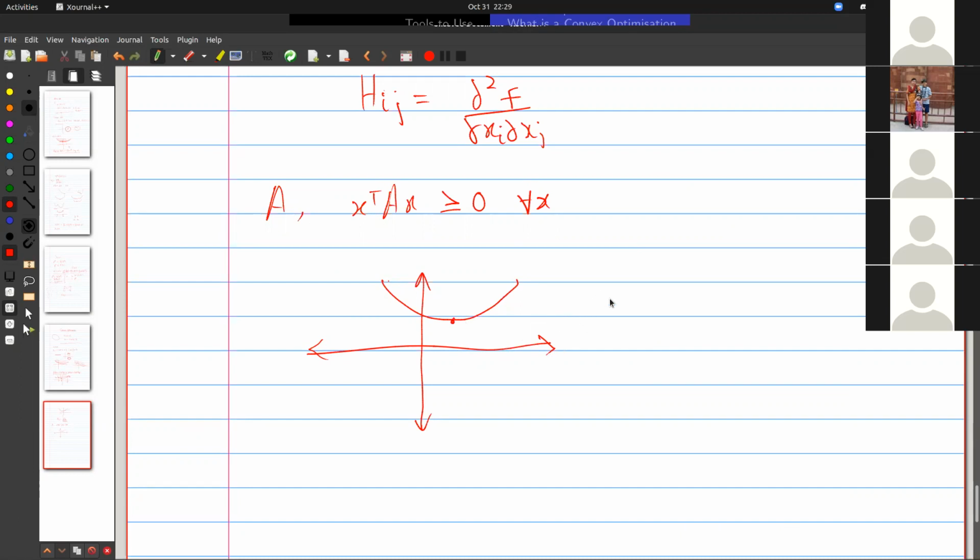Now, for convex functions, you have seen that a point which is optimal, that is, all its neighborhood points have values greater than it, is the locally optimal point.